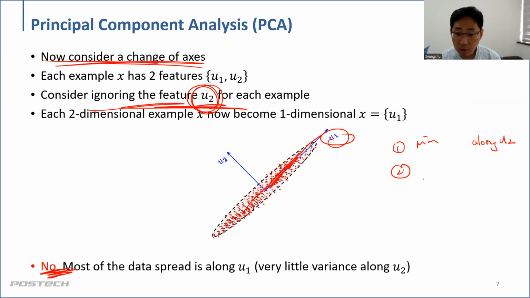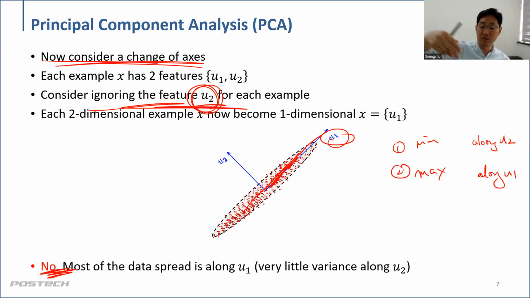The second way to think of it is that I want to maximize the variance along the u1 axis. That's going to be the objective function for PCA. I'm going to find u1 this way, and I'm going to show you that these two are equivalent. Basically they say the same thing.